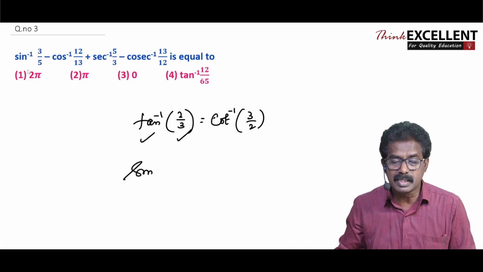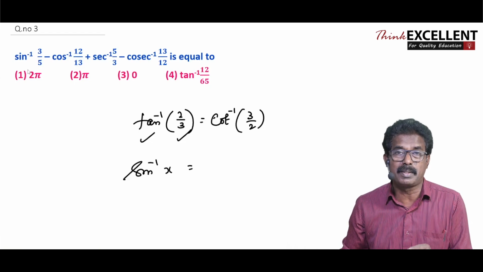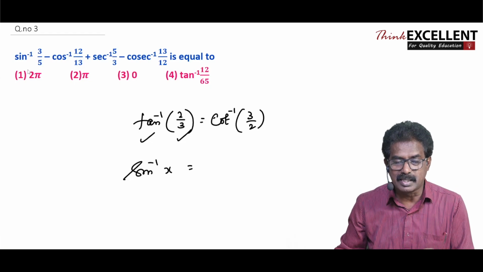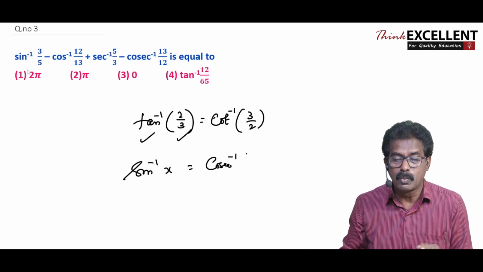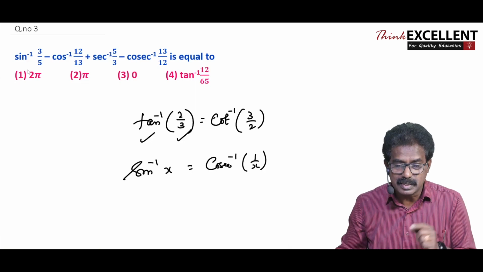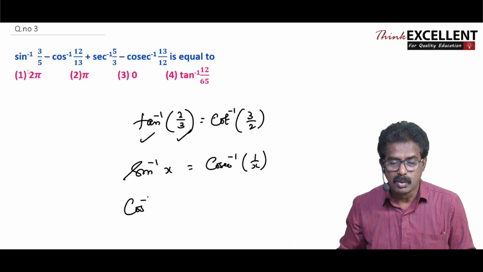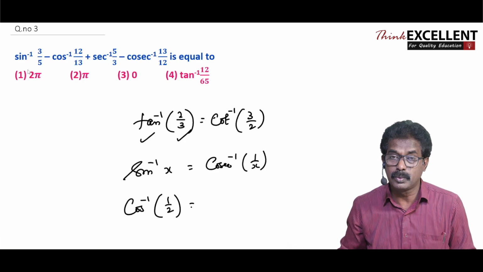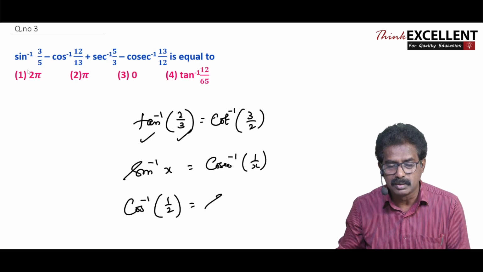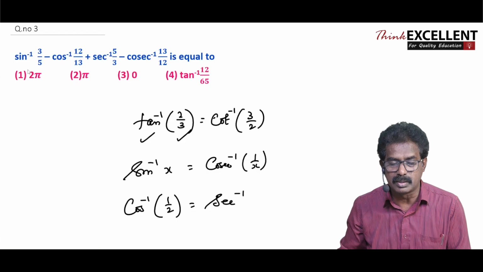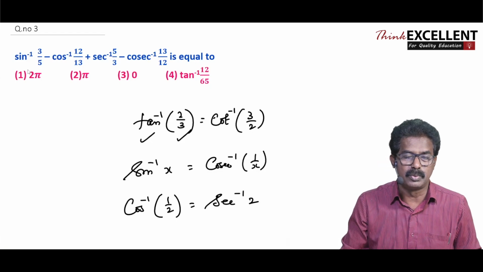So sine inverse x can be written, if I use this property, by taking reciprocals: sine reciprocal is cosecant, so cosecant inverse, and x reciprocal is 1 by x. Hope you understood. Same way, cos inverse 1 by 2: take the reciprocal, cos reciprocal is secant, so you can write secant inverse, and the reciprocal of 1 by 2 is 2.